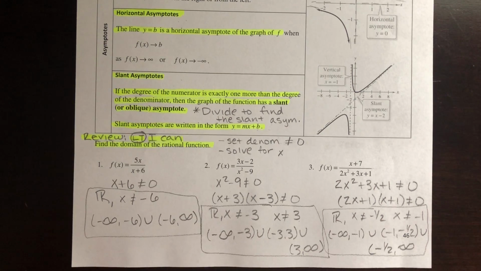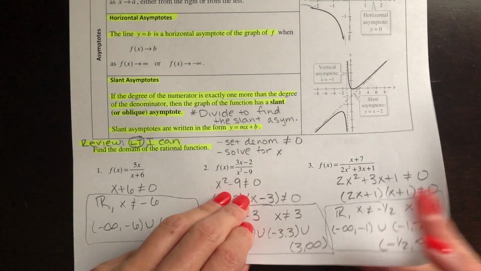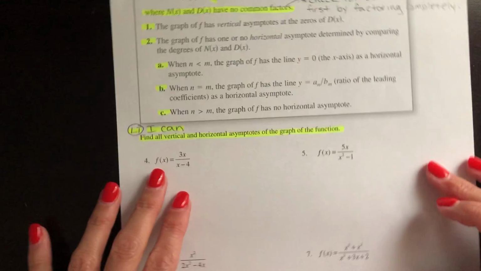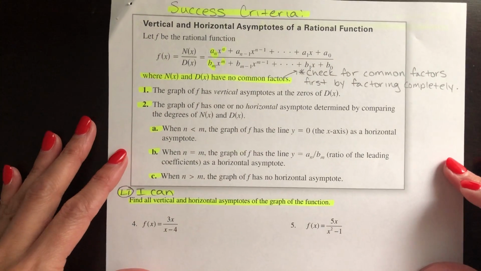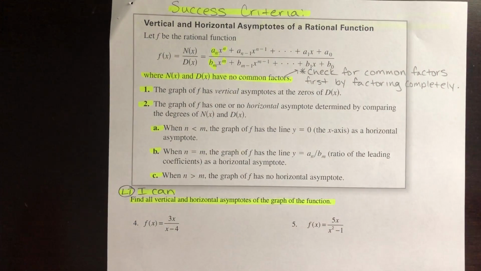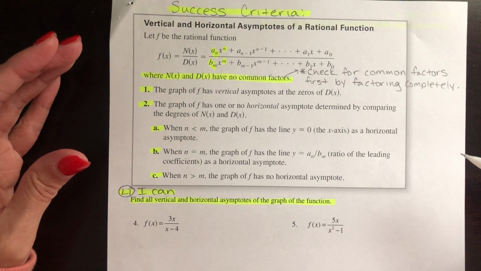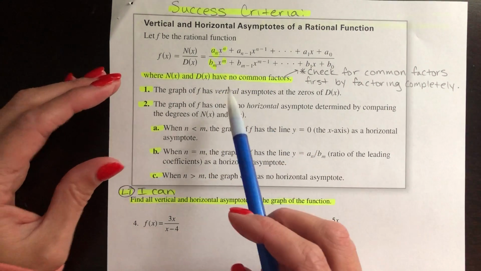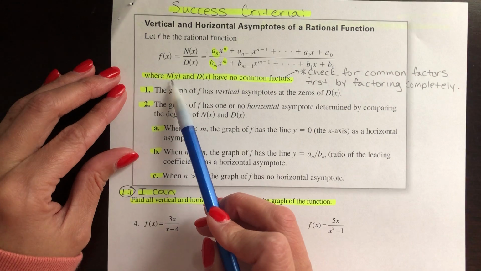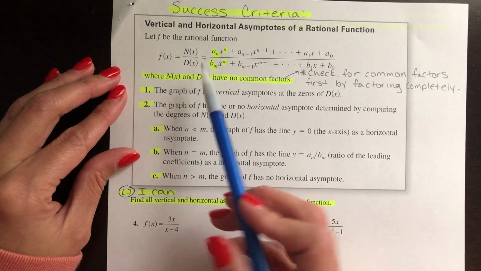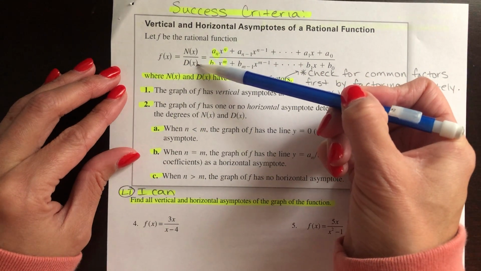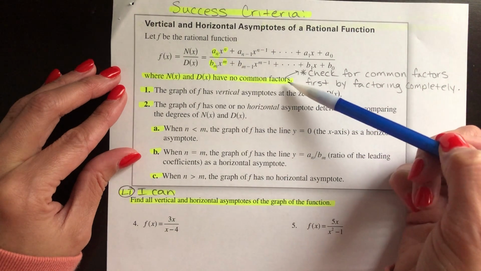Now we're going on to finding these asymptotes. First we're going to look at vertical and horizontal. On page 47, you're given your set of success criteria here. This success criteria is good when the numerator and the denominator have no common factors.